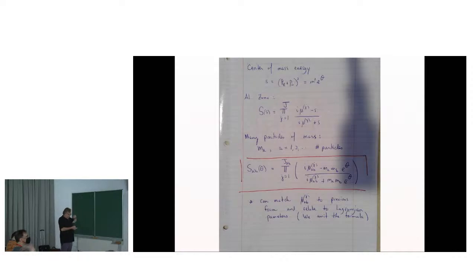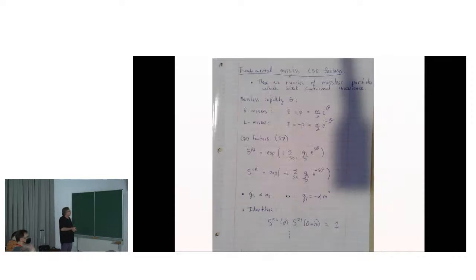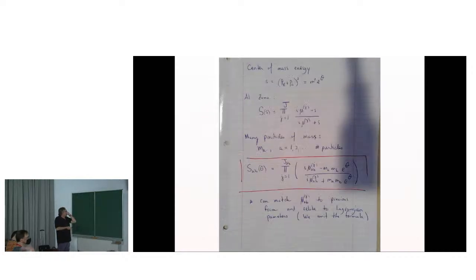But this previous form is a little hard to work with. In general, what's in the exponent here doesn't converge. So I want to work on a slightly different basis, and this is based on a pretty famous paper of Alyosha Zamolodchikov.